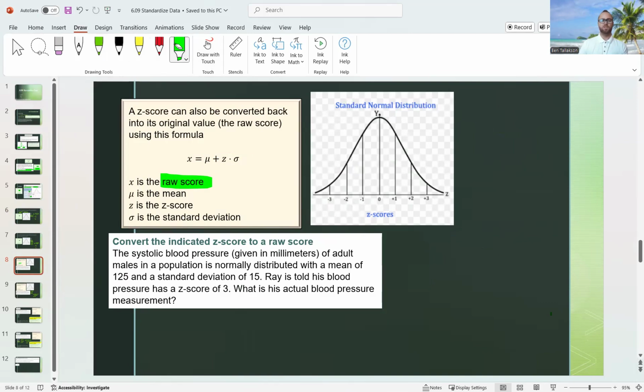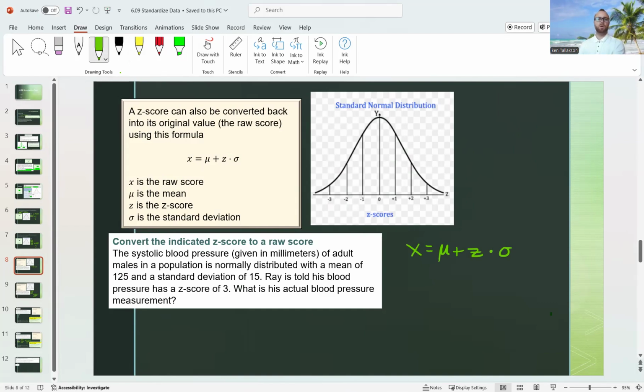Okay, so let's use this formula to help Ray determine, is he healthy or does he need to make some lifestyle changes? Convert the indicated z-score to a raw score. Before we read anything else, we already know we're going to use our raw score formula. There it is.